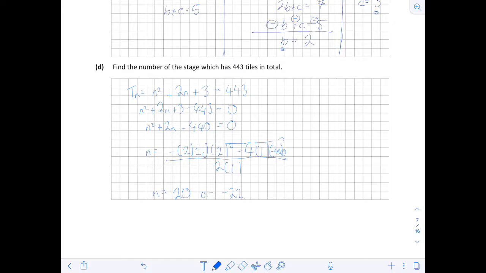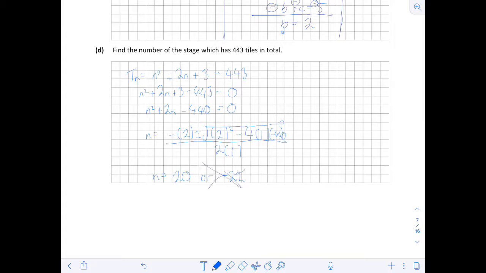But obviously a term number cannot be negative because we tend to move forward when we're talking about term numbers, right? So term 1, term 2, term 3, term 4, we would never have term minus 22. So we're going to disregard this one and we're just going to accept this one as our answer.